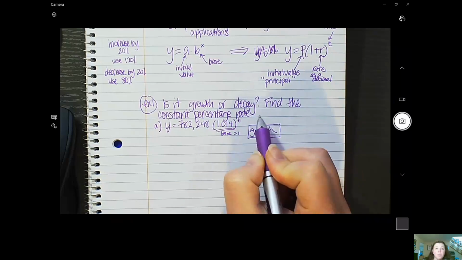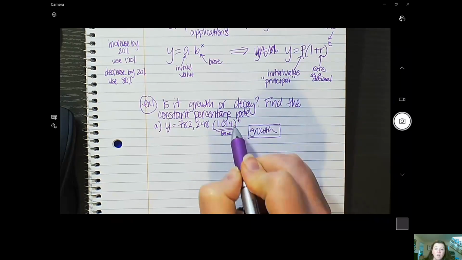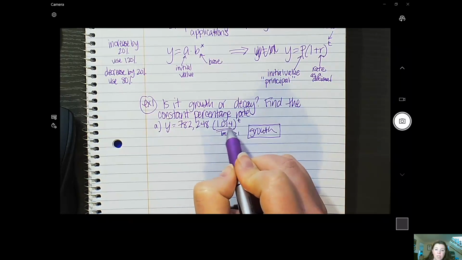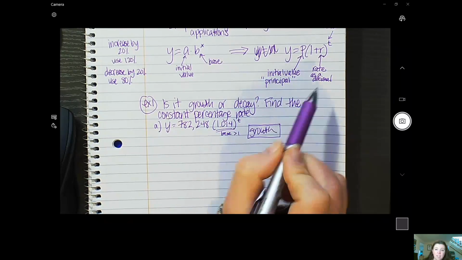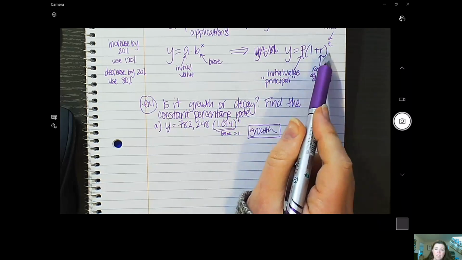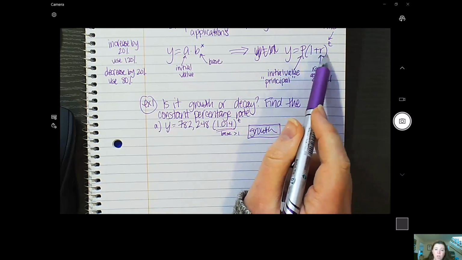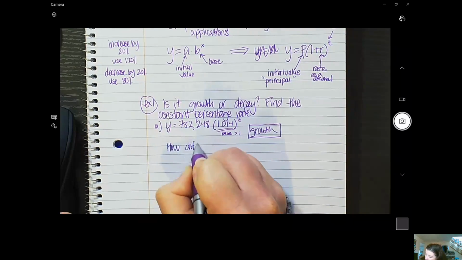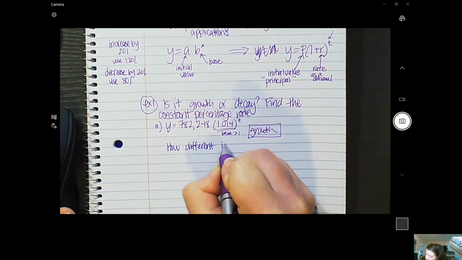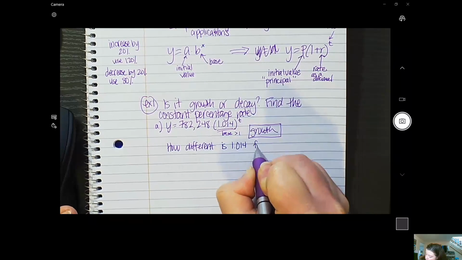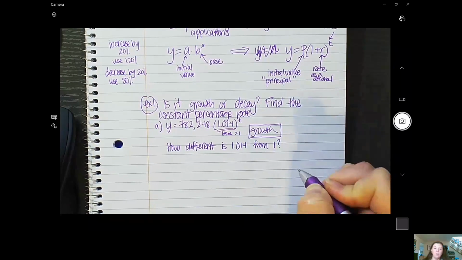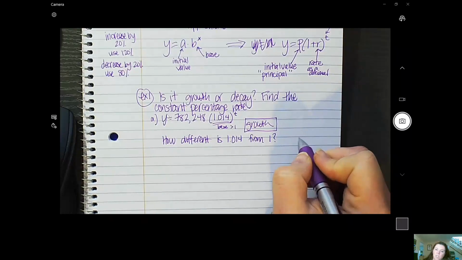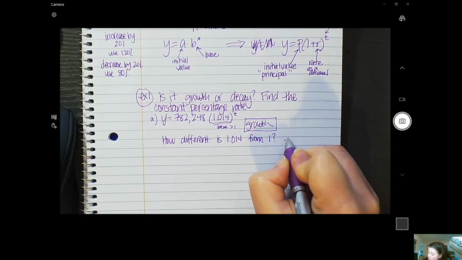And then when they ask us the constant percentage rate, they're asking us how different that is from 1. See that 1.014, the stuff in the parentheses, is in the same spot as up here in the parentheses. See how it's being adjusted from 1? So what it's asking is how different is 1.014 from 1? In this case, the subtraction is really easy. I'm really hoping that you don't need a calculator to tell me that it's 0.014.